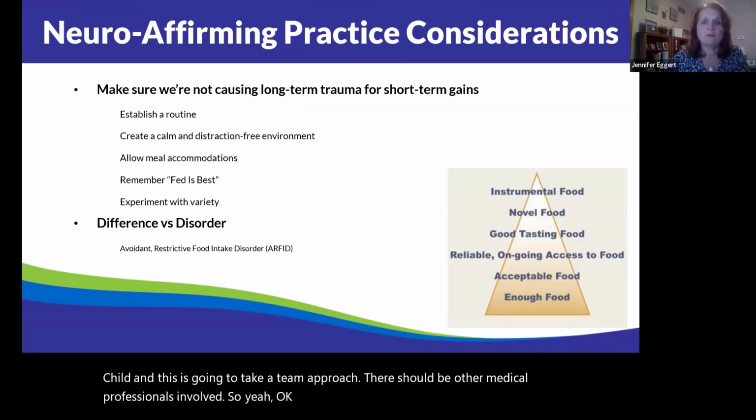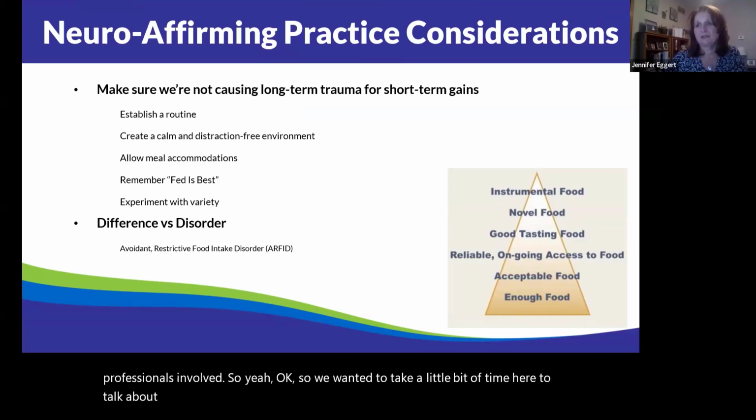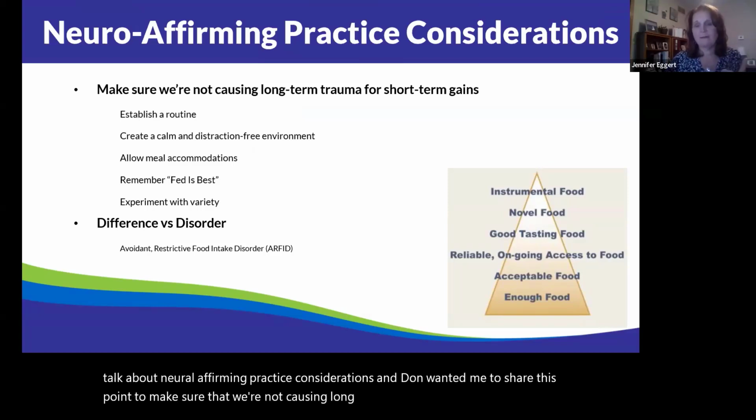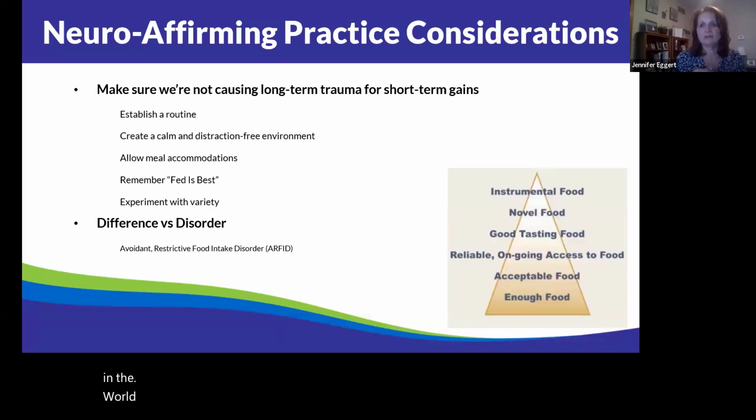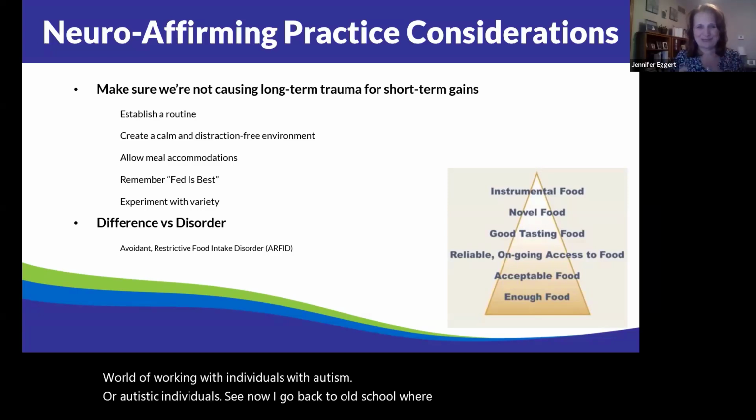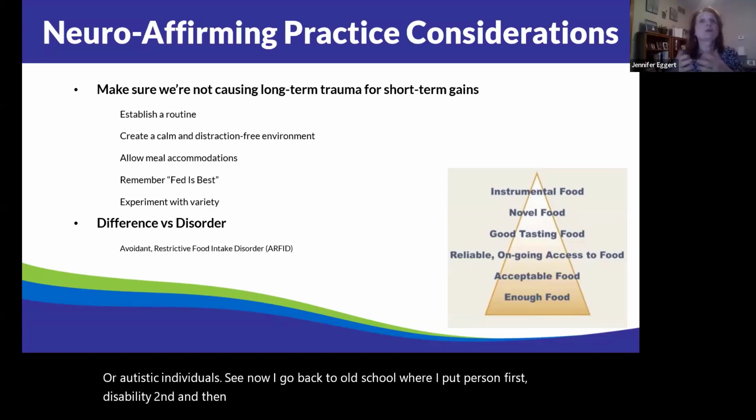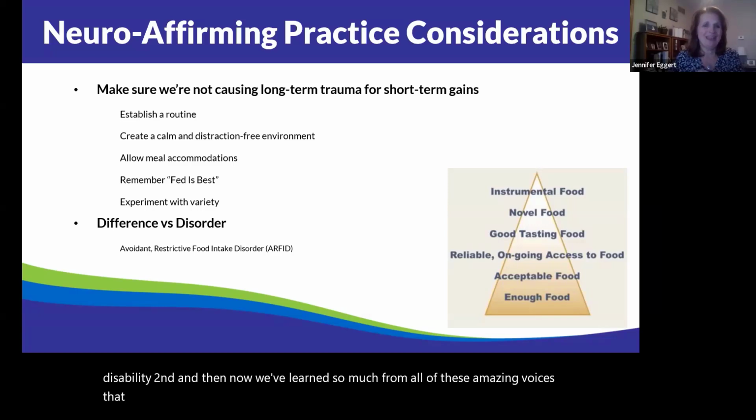So we wanted to take a little bit of time here to talk about neuro-affirming practice considerations. And Dawn wanted me to share this point to make sure that we're not causing long-term trauma for short-term gains. So in the world of working with individuals with autism or autistic individuals, I go back to old school where I put person first, disability second, and now we've learned so much from all of these amazing voices that have come to share with us.